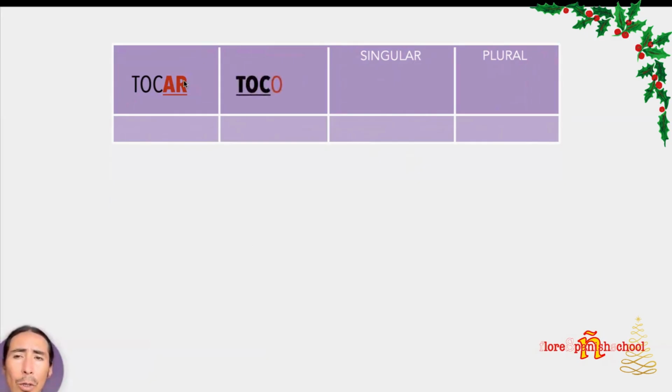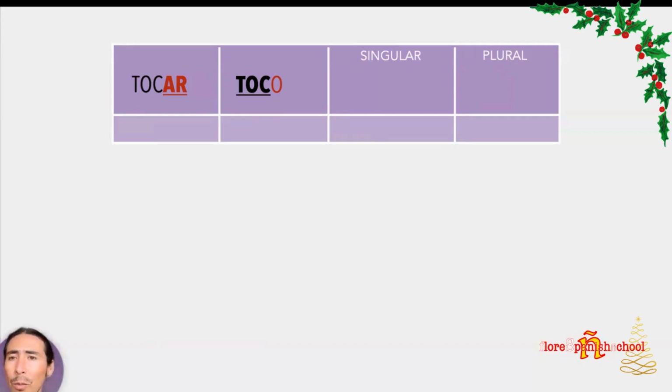So normally the conjugation is yo toco. If we are going to follow the way we learned, the A becomes E, but that one is going to be tose, but the pronunciation is not the same.